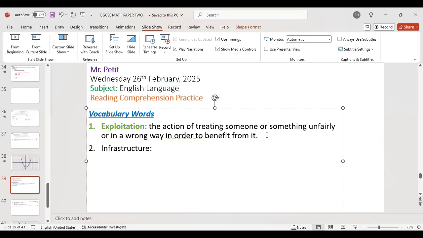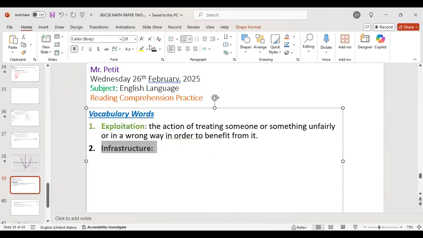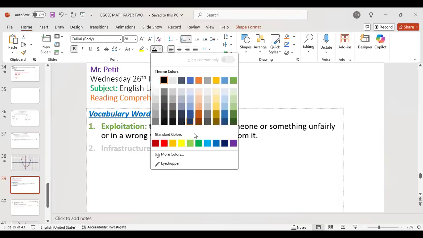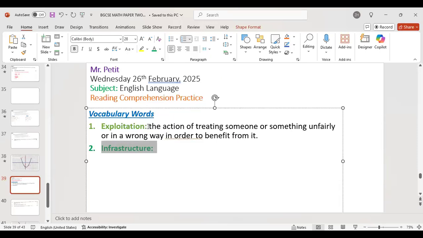What do we mean by infrastructure? Buildings, right?